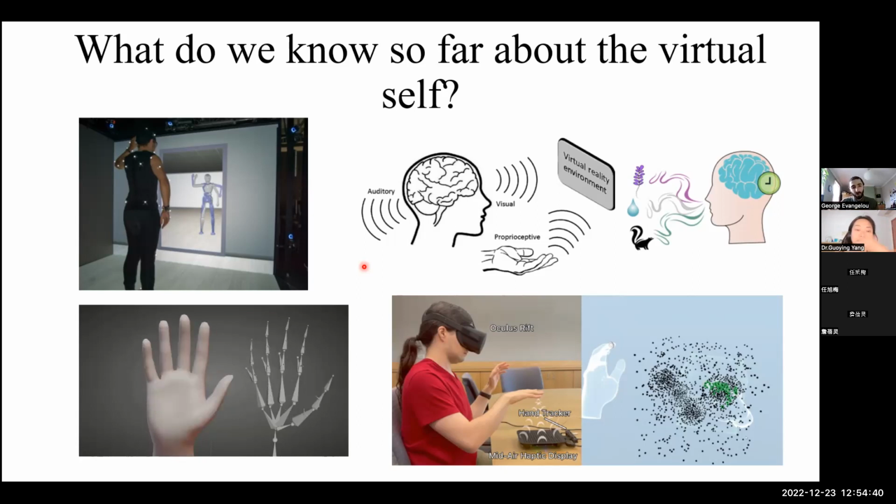So it is still controlled by the user, but it's just moving in a delayed fashion. And that tends not to affect the sense of ownership as much as it does the sense of agency. So we know that agency seems to be quite sensitive to even delays in the movement. The agency depends quite a bit on the mapping of the motor commands to the virtual movement itself, but maybe not so much the sense of ownership.